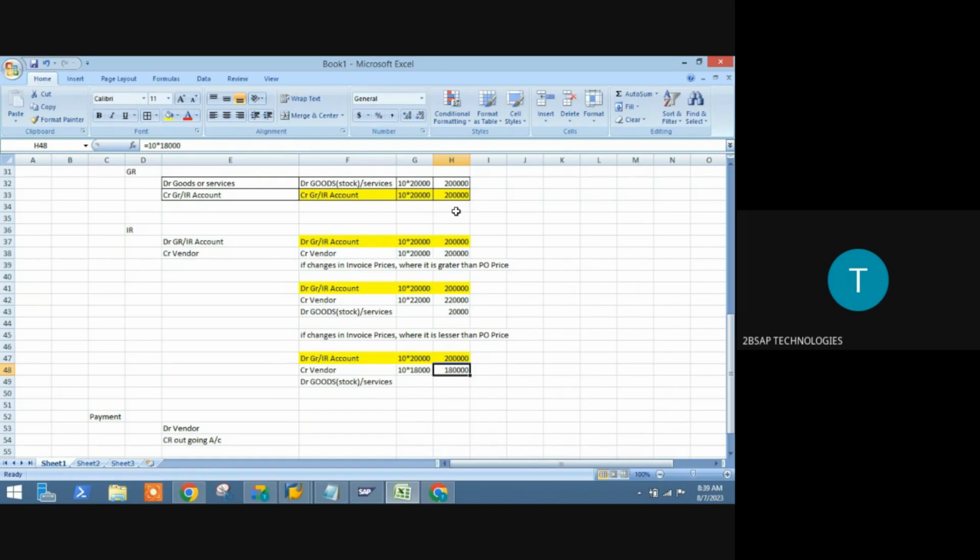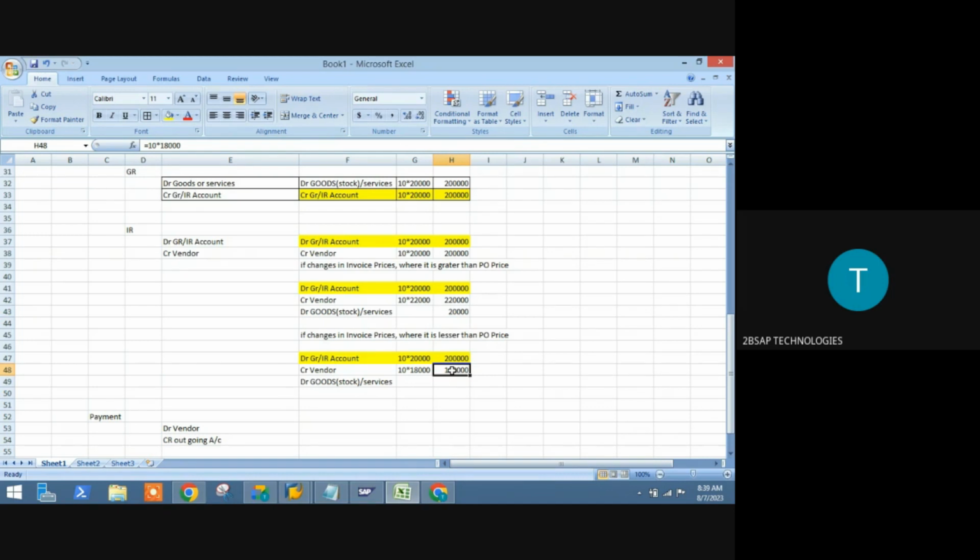1,80,000, right? In your earlier case, you assumed it and, based on your purchase price, maintained your stock value as 2 lakhs. But at the time of invoice, you get to know that the actual stock value is 1,80,000. Now you need to reduce your stock value by the difference between your GR value and IR value.